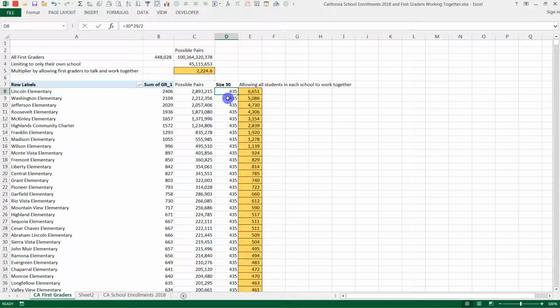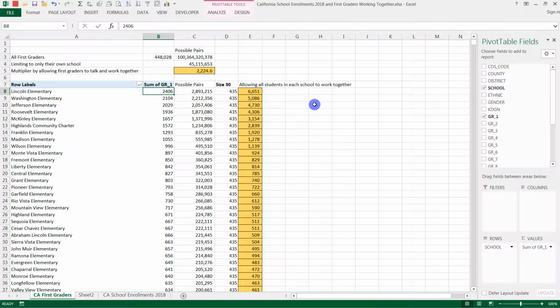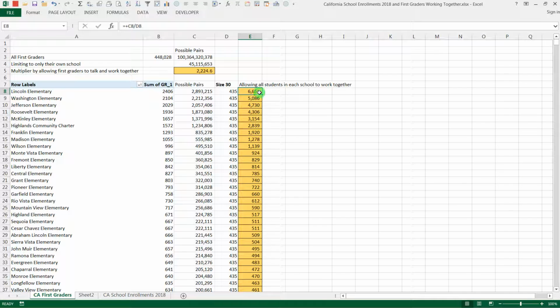If you limit the kids to only their class, they're stuck at 435 pairs. They can only interact with the people in their class. But if you allow them to work within their school, then you have 6,000 or 7,000 times more combinations, depending on the size of the school and so on.